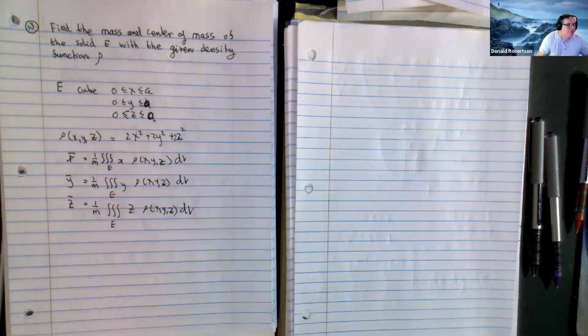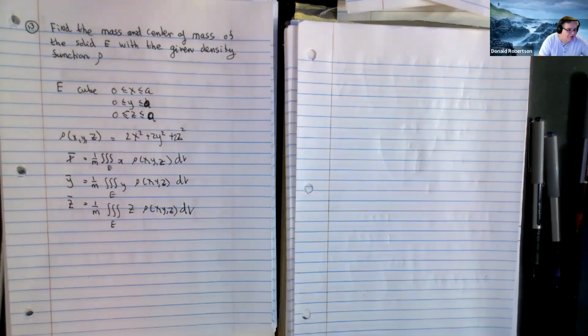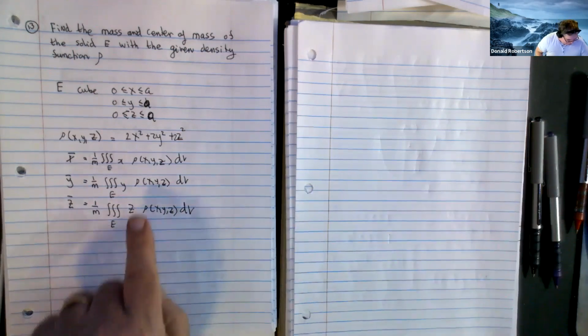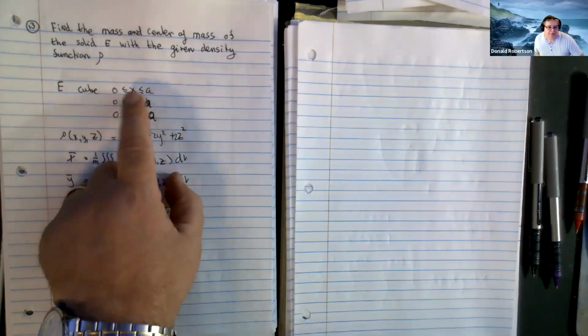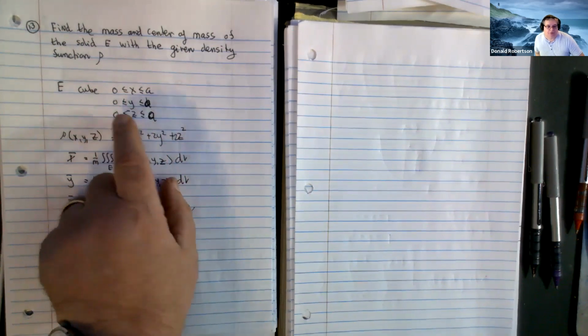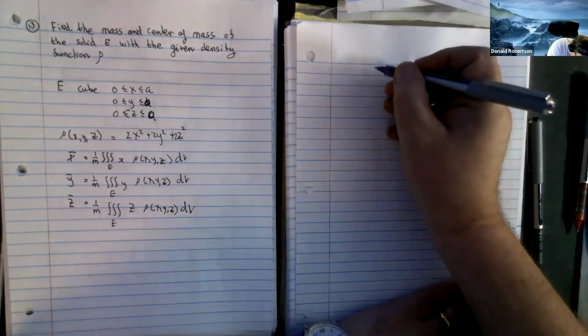The density function, oh, I haven't done the density function for this fella. Oh, here it is. The region, the solid shape, is a cube. X goes from 0 to A, Y goes from 0 to A, Z goes from 0 to A. You don't need this for the question, but I'm going to draw it anyway.